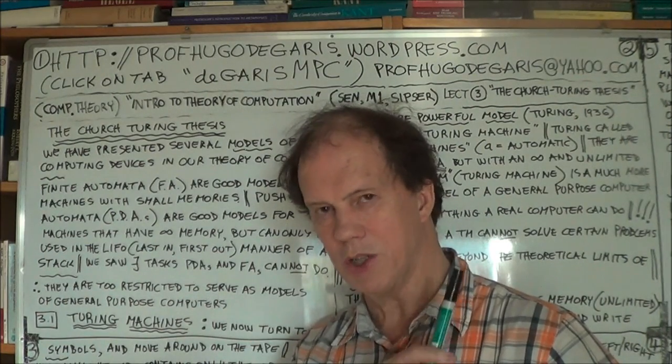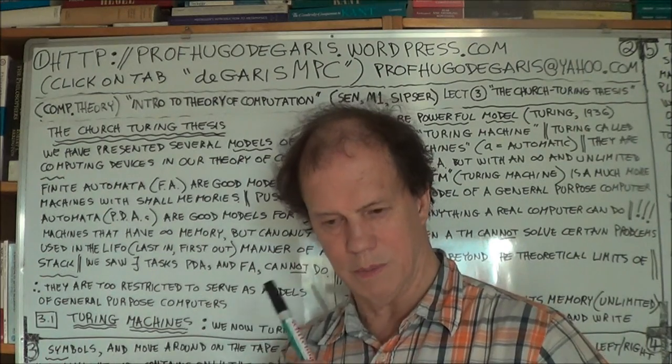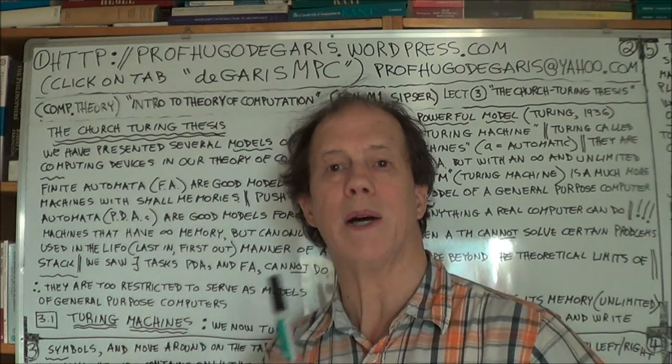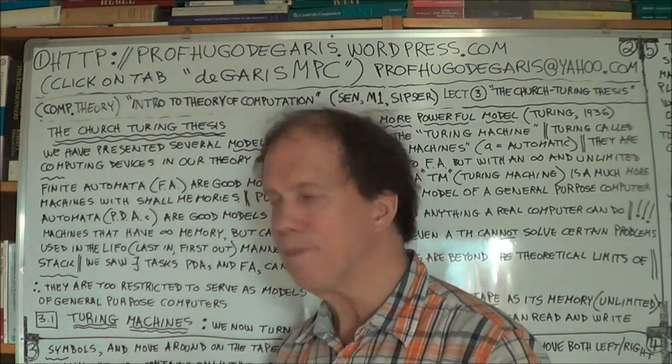Anything they can do, a Turing machine can also do. Hugely less quickly, of course, but in principle can still do. They have equal power, meaning they can do the same set of tasks.